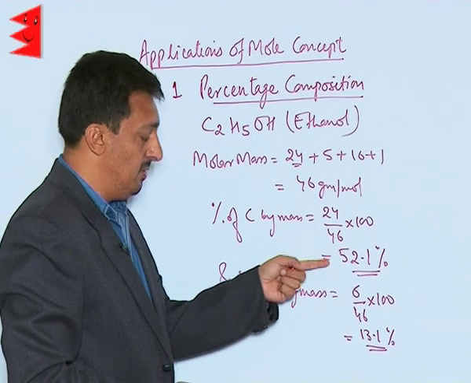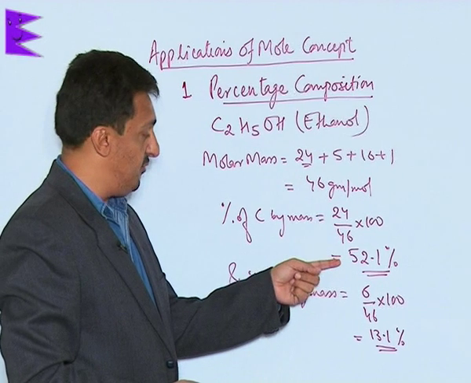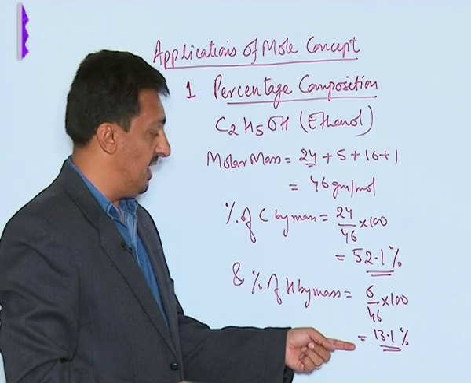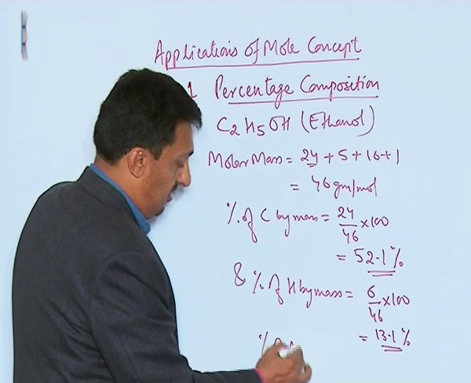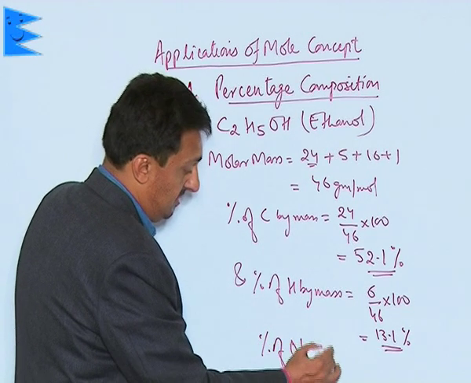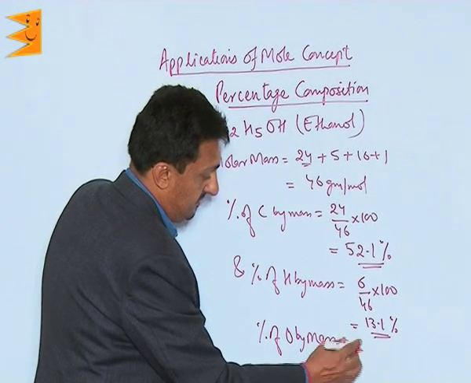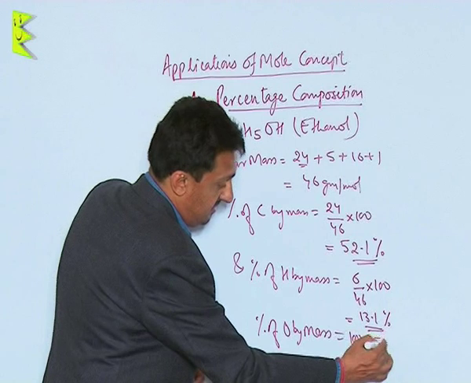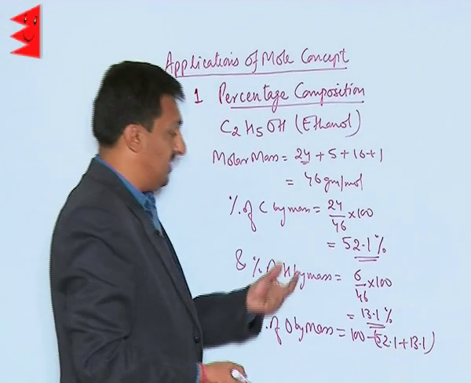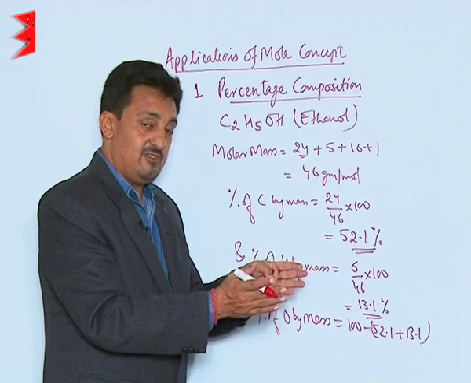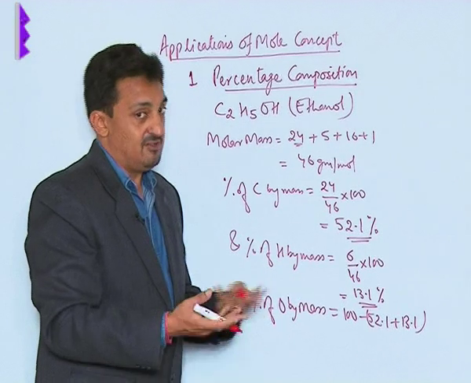Once we know the percentage composition of the two elements, 52.1 for carbon and 13.1 for hydrogen, we can find the percentage of oxygen by mass as 100 minus (52.1 plus 13.1). We have subtracted the percentages of carbon and hydrogen from 100 so that what is left is only oxygen.